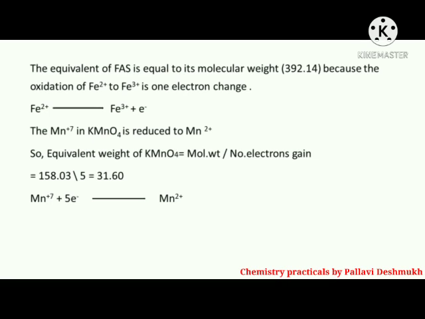Therefore the equivalent weight of ferrous ammonium sulfate is equal to its molecular weight, that is 392.14. Now in case of the KMnO4, the Mn7 positive ion is reduced to Mn dipositive ion. So the equivalent weight of KMnO4 is equal to molecular weight divided by number of electron gain, which is 5. So the equivalent weight of KMnO4 is 31.6.